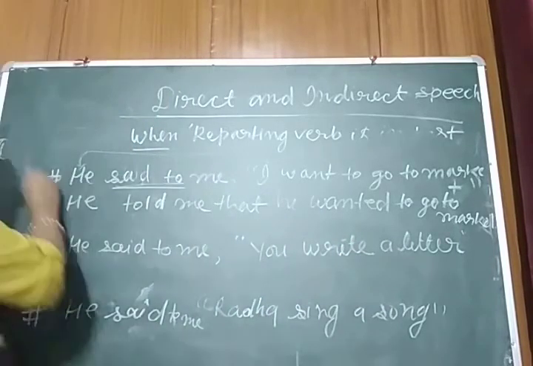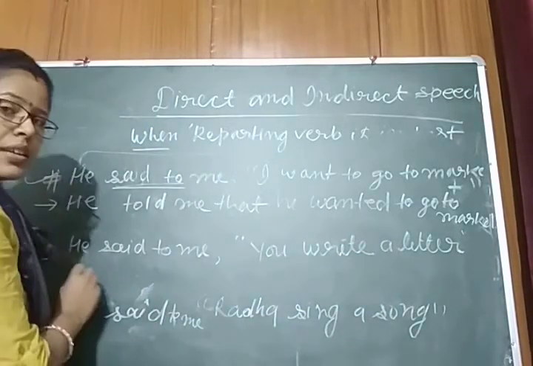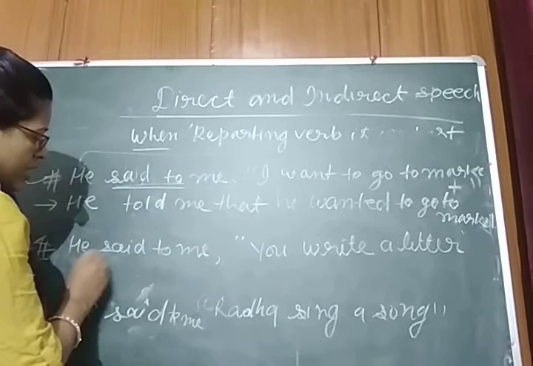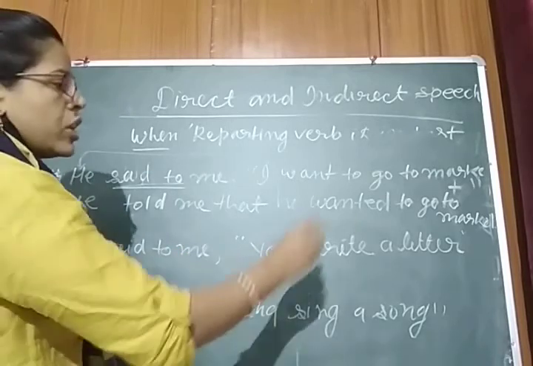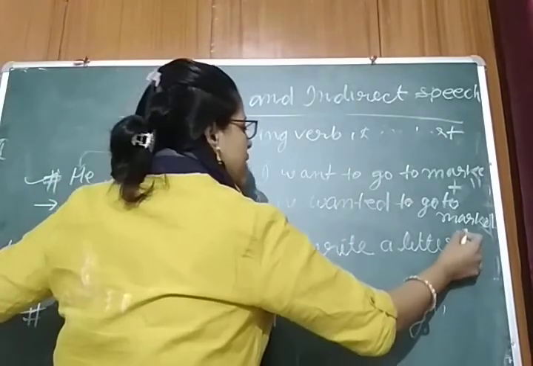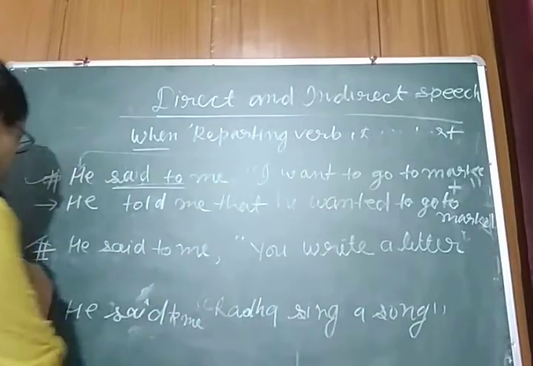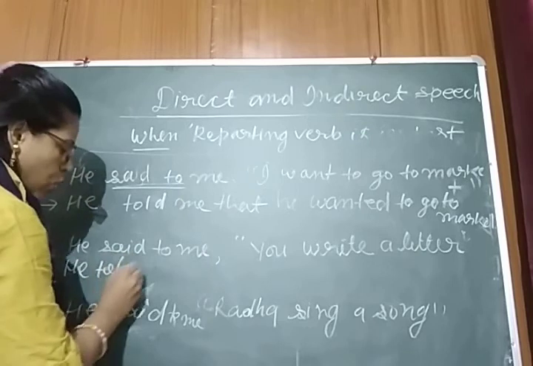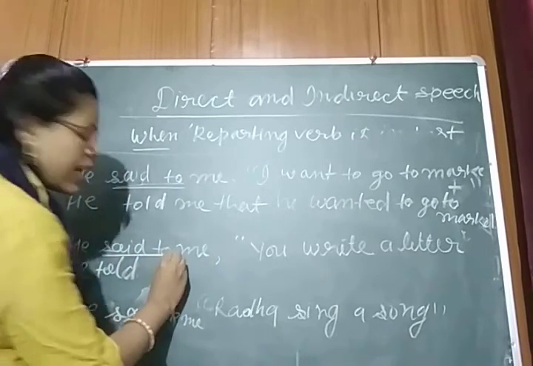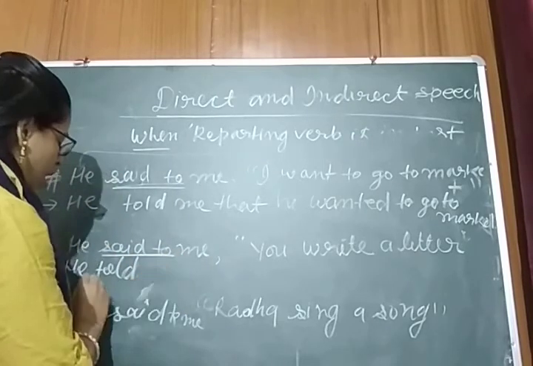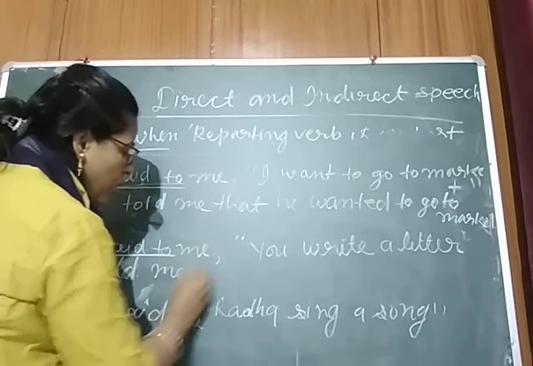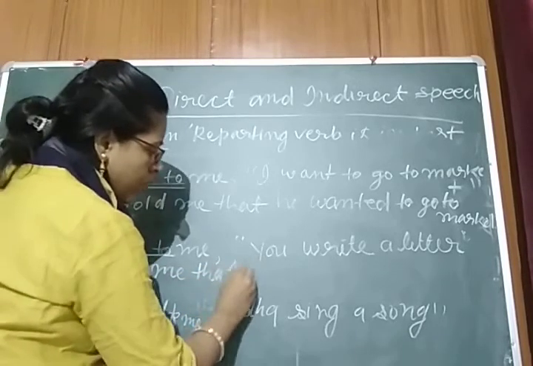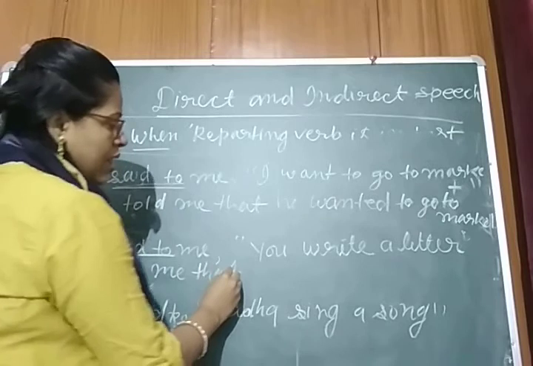All right, now come to another example. Another example I have taken: He said to me, "You write a letter." So what will be the next one? He told me, because here you are getting "said to". So I will write, he told me, then we will remove the double inverted commas and use "that".